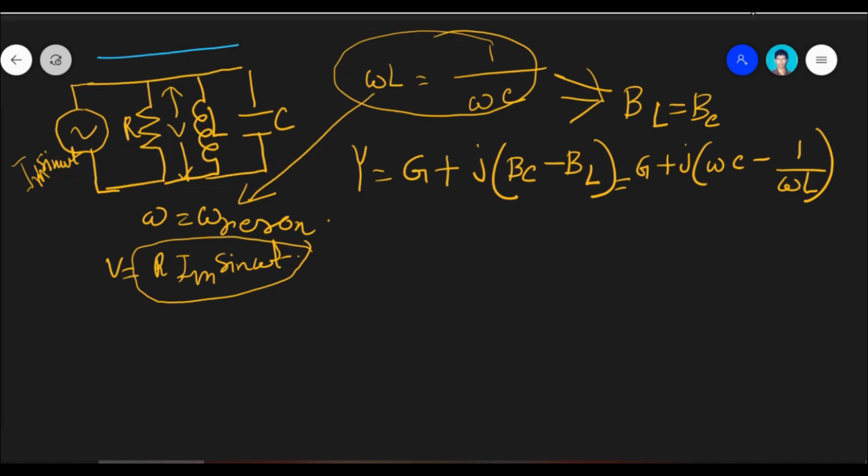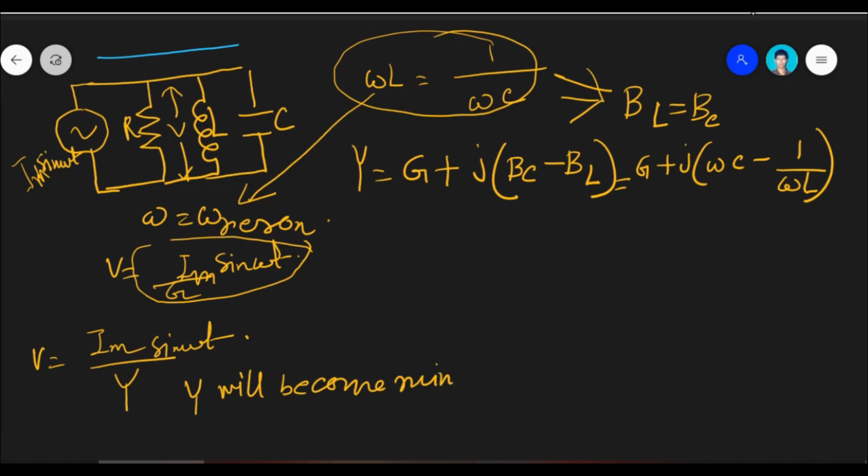Why? Because if you recall, V is equal to Im by Y sin omega t, which I should write as Im by G at resonance. And Y will become minimum at omega equal to omega resonance.